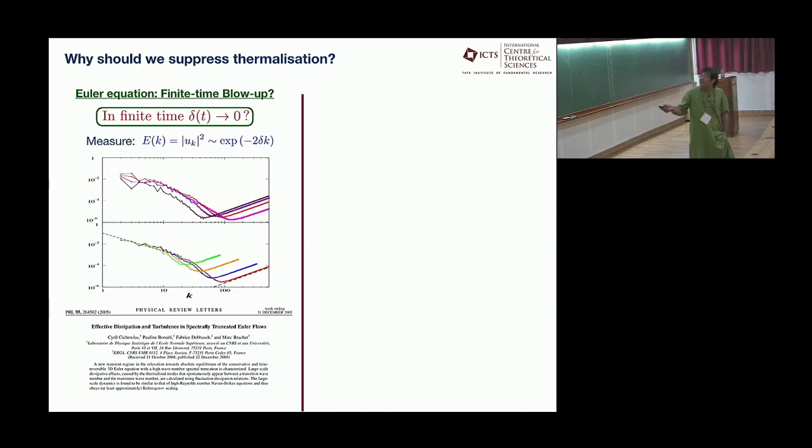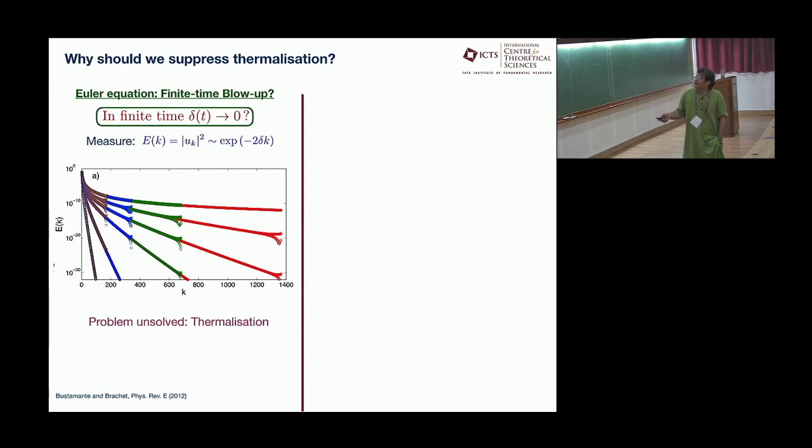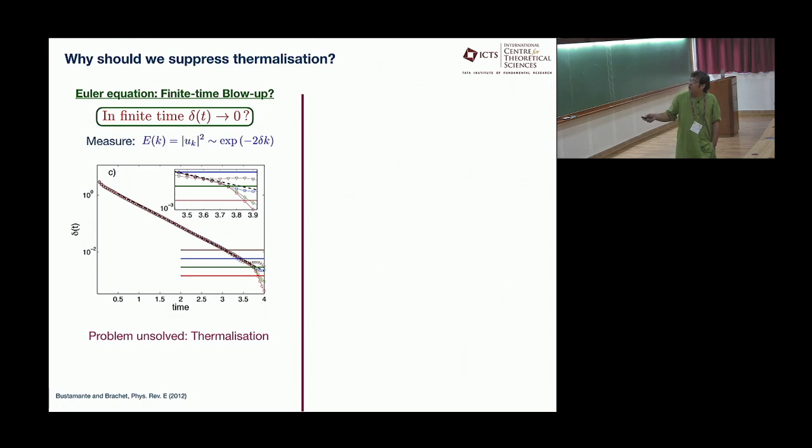So there is no way that you can measure delta up to any finite length of time. You measure delta from semi-log plots. This is what people do. These are results of Bustamante and Brachet. There are plenty of papers on this. This is the last one that I'm familiar with. You measure the slope, measure delta, and plot delta as a function of time. Unfortunately, thermalization has kicked in.